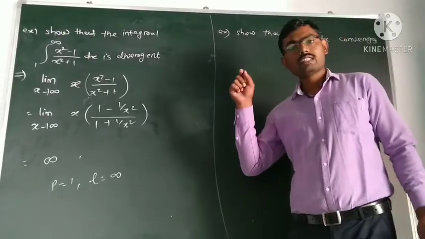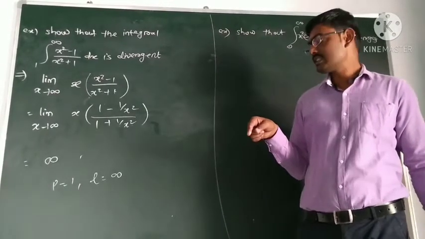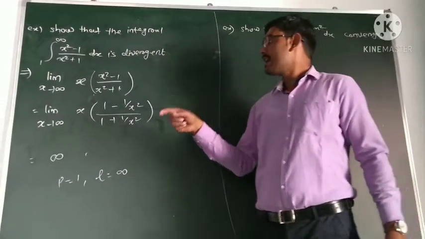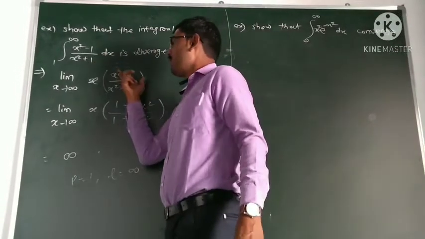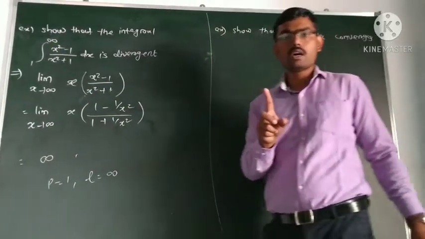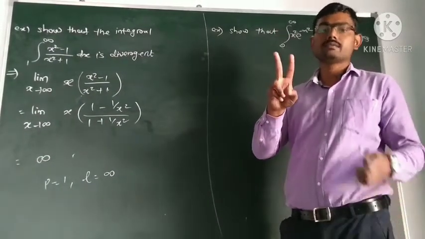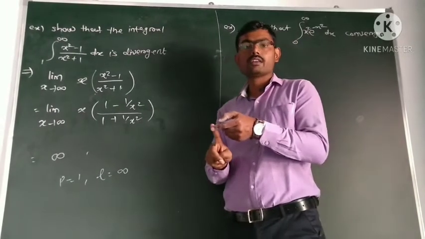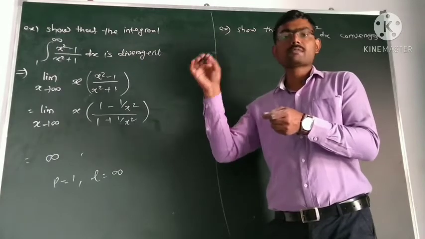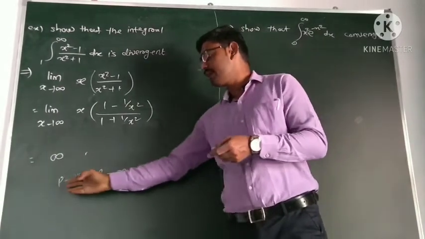So the second case of the limit test says this integral is divergent, because x to the power p into f of x, the limit is infinity, and p is equal to 1. The second part of the test is: if p is equal to 1 and the limit is not equal to 0 or is equal to plus or minus infinity. Here the limit is infinity and p is equal to 1.